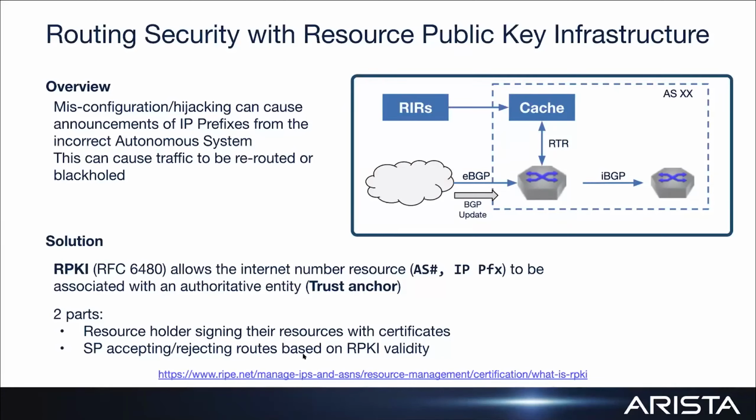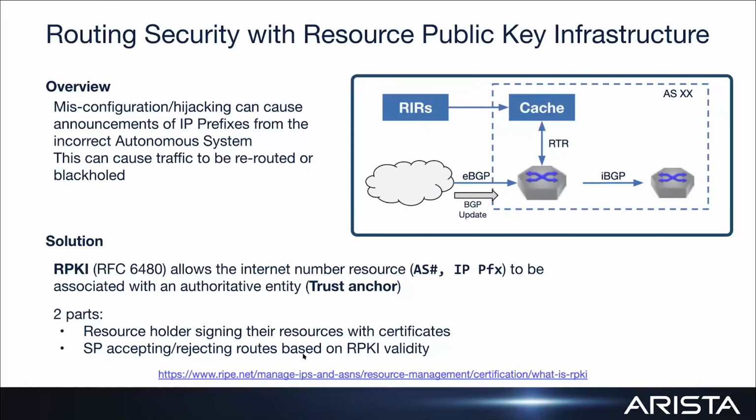The solution here, RPKI, listed as RFC 6480, allows an internet number resource, namely an AS number and an IP prefix, to be associated with an authoritative entity, which can be something like RIPE, ARIN, APNIC, AFRINIC. They hold so-called trust anchors.